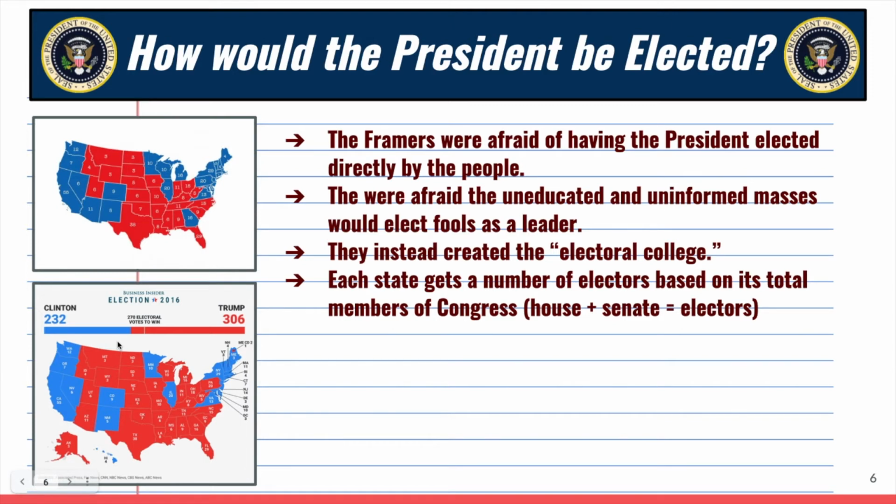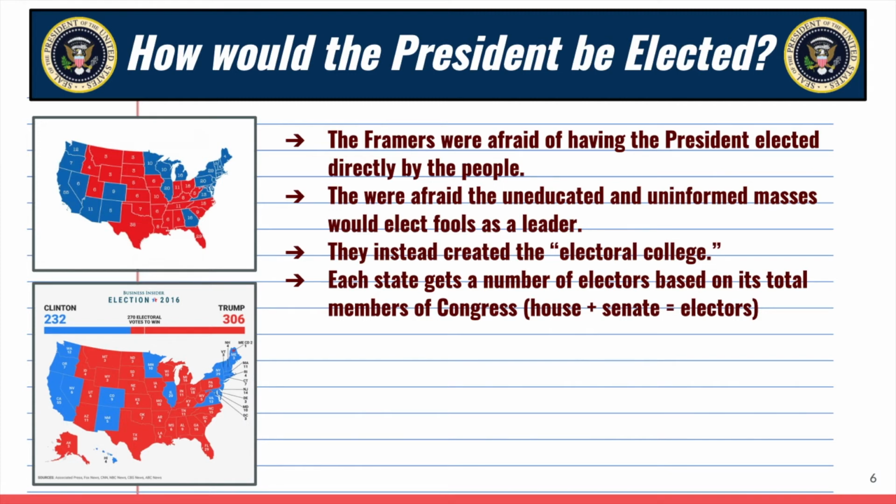The bottom one is when Donald Trump defeated Hillary Clinton. He got 306 electoral votes and Hillary Clinton got 232. At the top is the map where Joe Biden defeated Donald Trump. And ironically, for the first time in American history, the electoral vote total was exactly the same. Joe Biden got 306 electoral votes, and Donald Trump got 232 electoral votes.